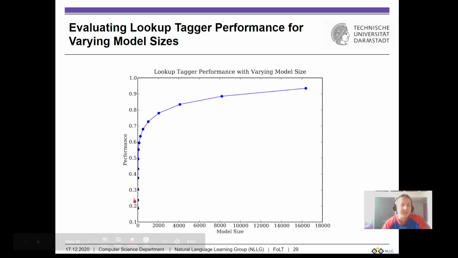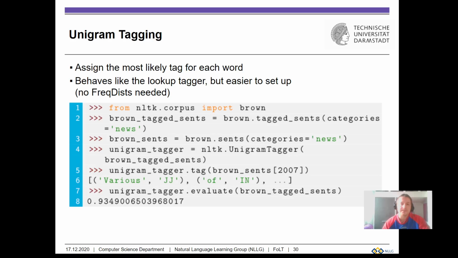When you go from 0 to 2000, you see a steep increase in the beginning, but then as you add more and more, the increases reduce. So to get a better performance, you need to input many more parameters. Overall, this is a classical performance curve that you will see in automatic NLP systems.